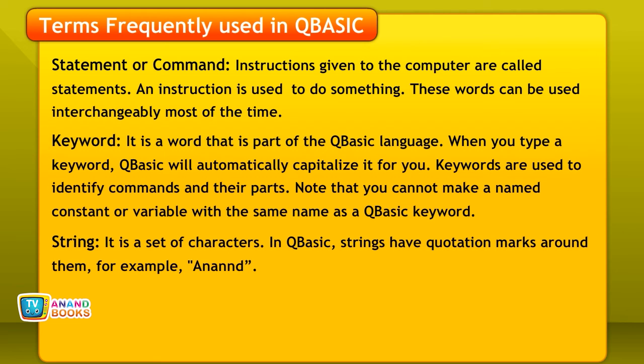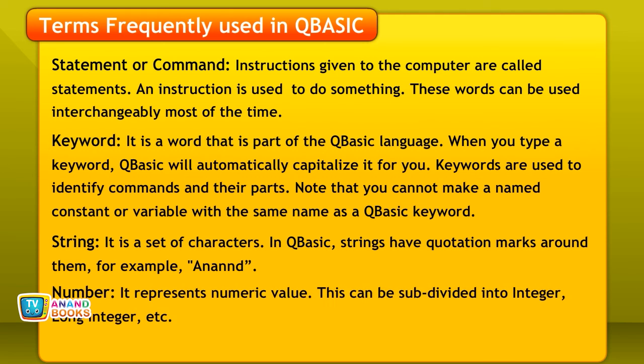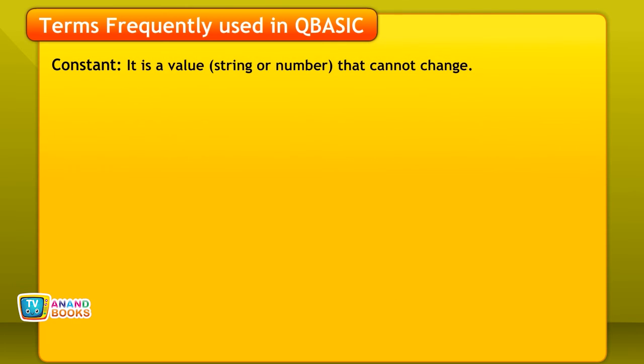String. It is a set of characters. In QBasic, strings have quotation marks around them. For example, "Anand". Number. It represents a numeric value. This can be subdivided into integer, long integer, etc. Constant.